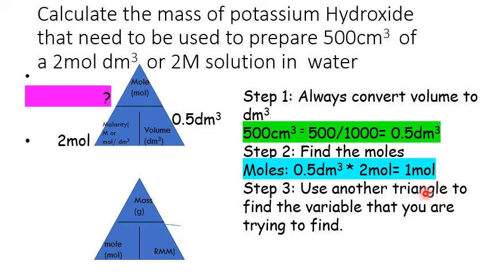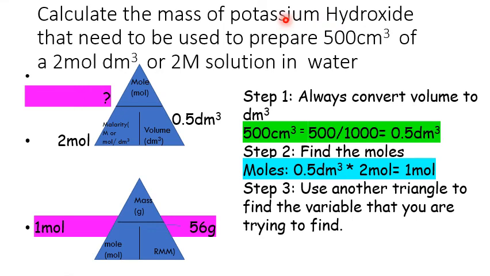Okay, the next thing I'm going to do is use another triangle to find the variable that I need to find, which is the mass. So, alright, I have moles right here, and I also have the RMM, because I could get the periodic table, get the mass of potassium, and then add it to the mass of hydroxide, using my periodic table.